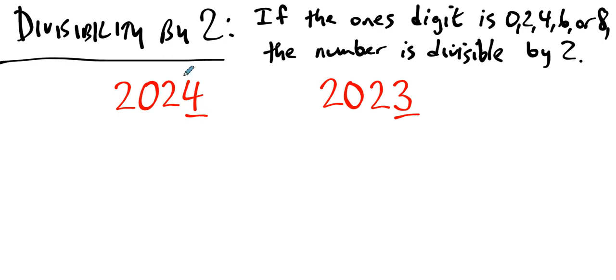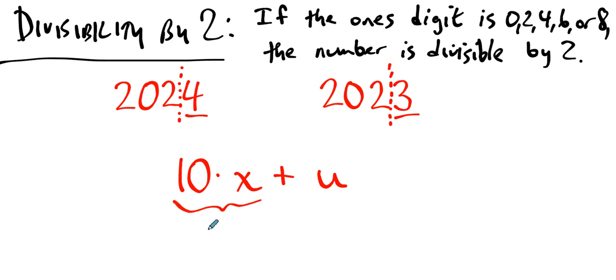Well, let's separate out this number. This 202 represents 2020. That's a multiple of 10. It's 10 times something plus whatever the units digit is, whatever the ones digit is.